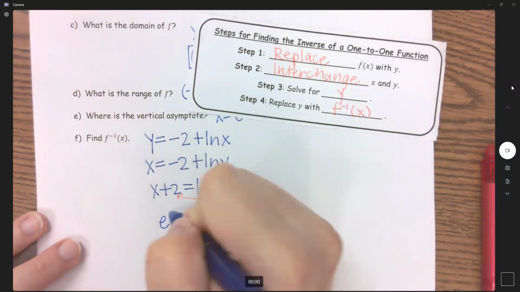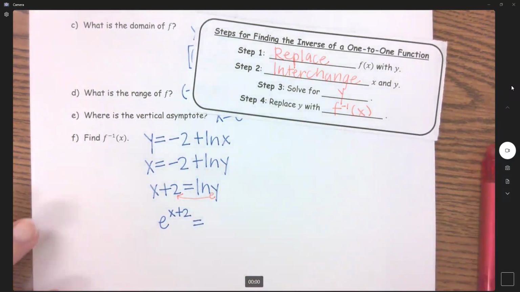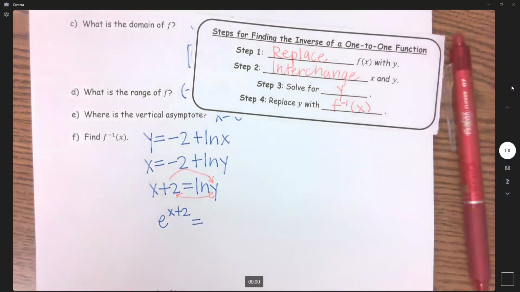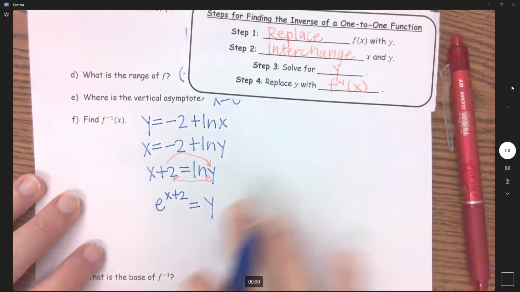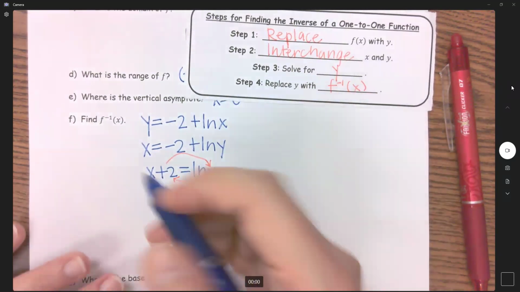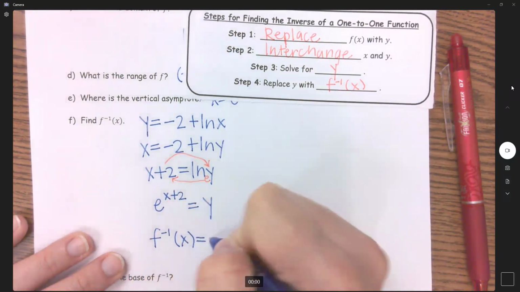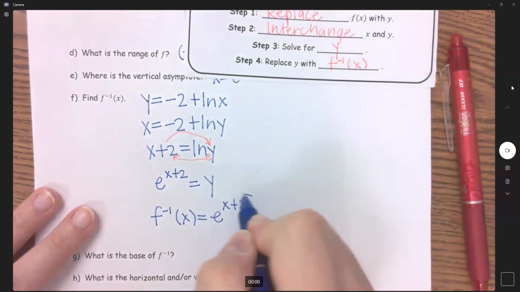So we have e to the x plus 2, and that's going to equal what's inside my log of y. So now I have y solved for. Replace your y with your inverse notation. So the inverse of x equals e to the x plus 2.